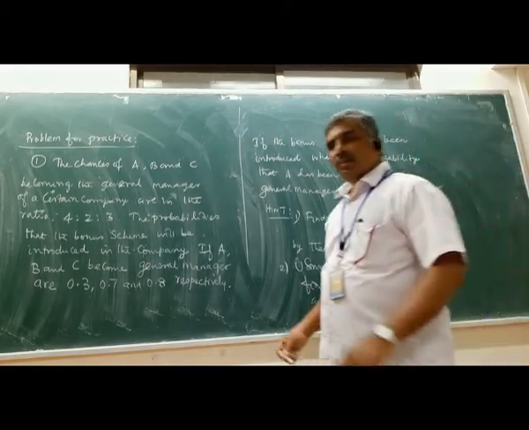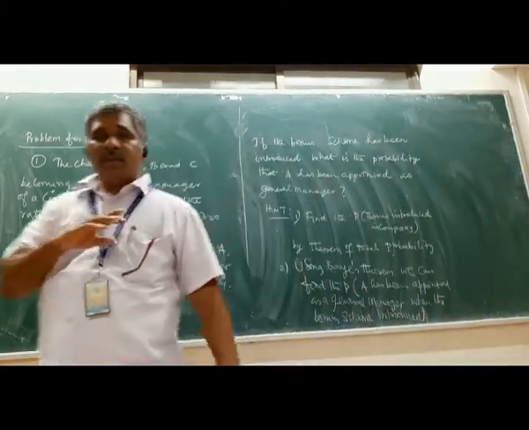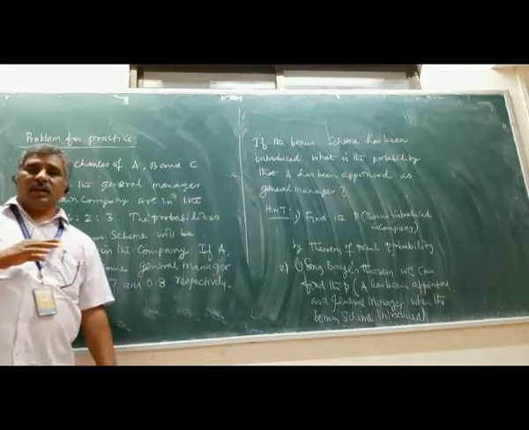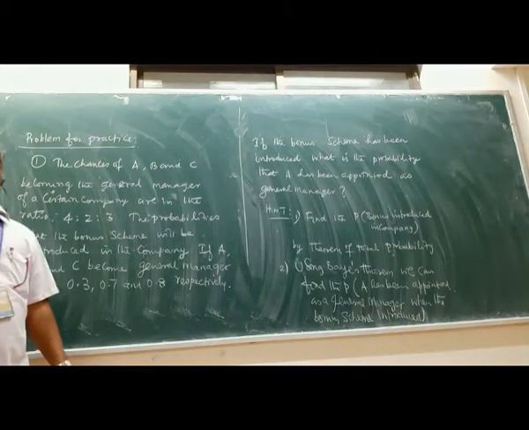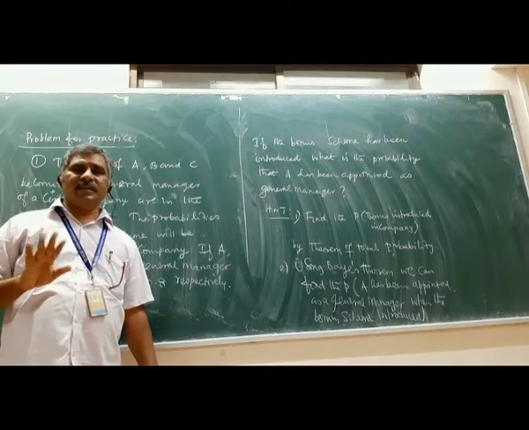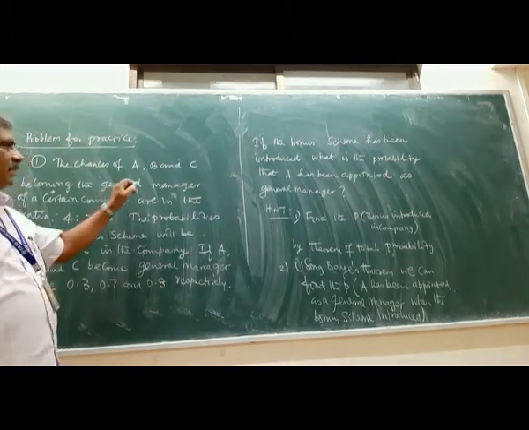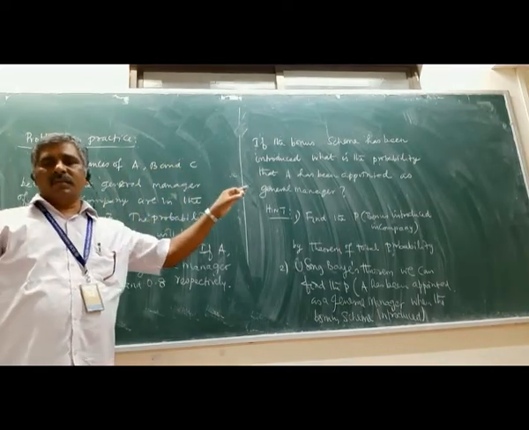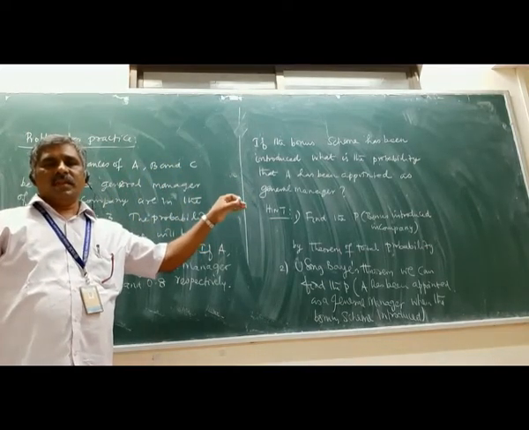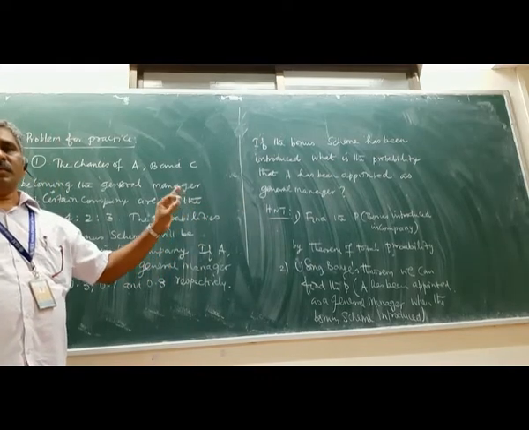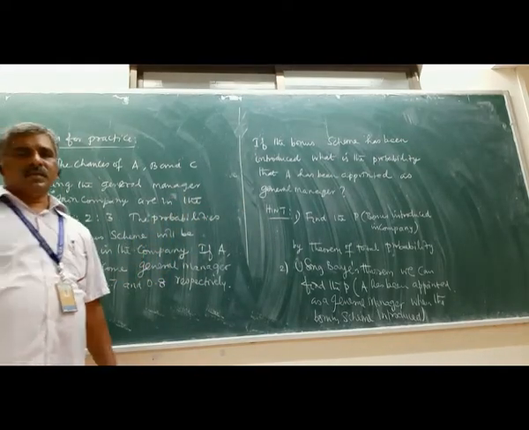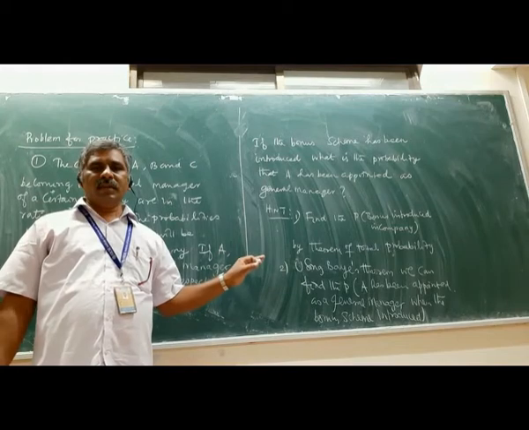Okay. In a company, A, B, C are the persons having the chances to be appointed as general manager. First, we have to find the probability of A, the probability of B, and the probability of C. Then you give one event name for the bonus scheme being introduced. Then find the conditional probability.